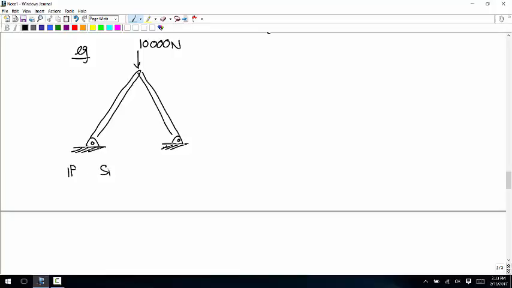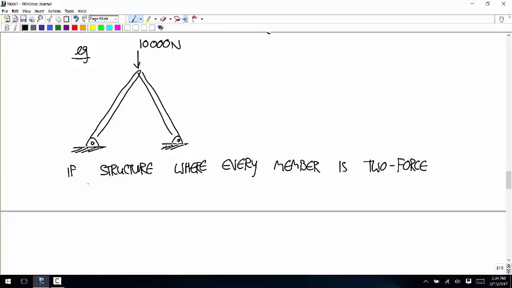If you have a structure where every member is a two-force member, then every member is in uniaxial tension or compression.